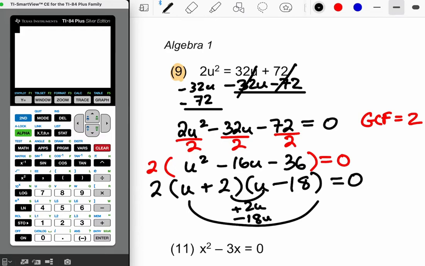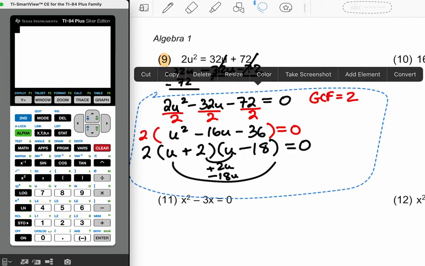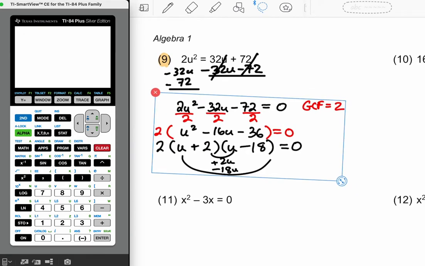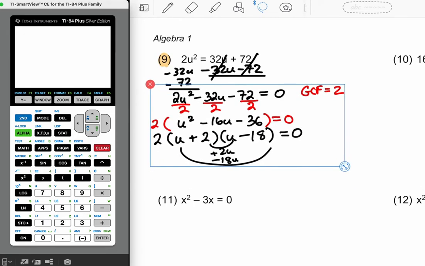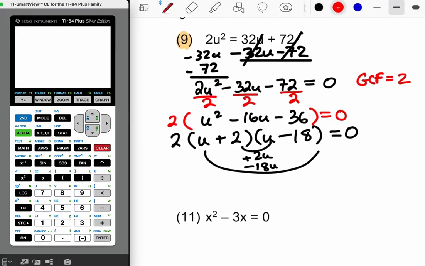All right, so then it's just a matter of setting our factors equal to 0. Now we have 3 factors here, but one of them doesn't contribute to the product, in the sense that you could never get a 0 out of a 2. You can't just make a 2 into a 0. So that's irrelevant. 2 can't be equal to 0, so disregard that one.